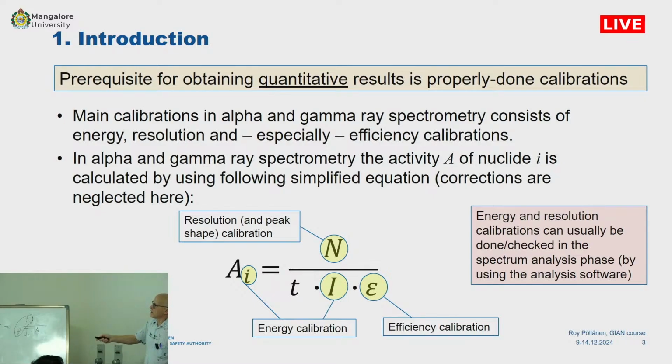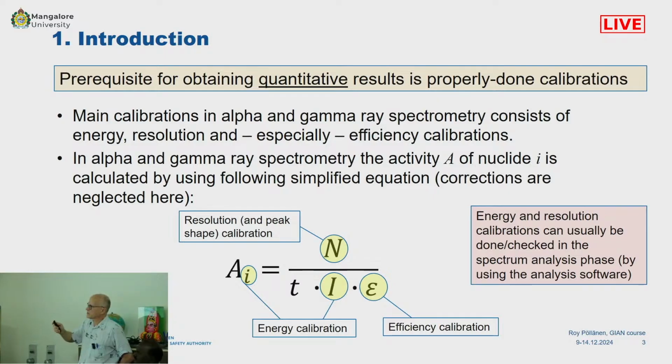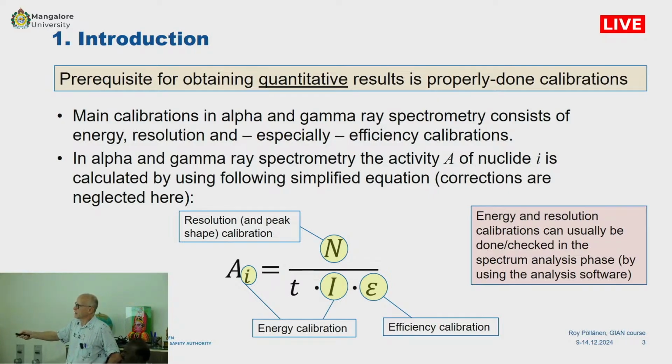So, as I think Karunakara already said, energy and resolution calibration can usually be done only once, because they are more or less stable. However, the efficiency calibration is a little bit difficult because it depends on the source properties.